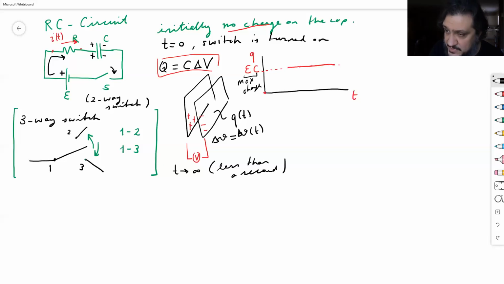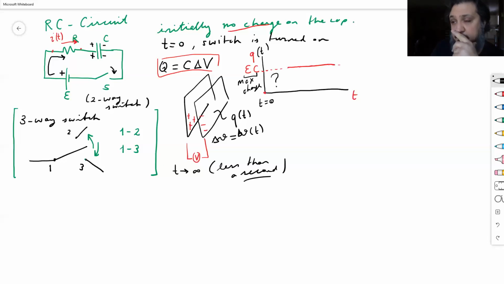So what happens right here? That's the question. In between those two extremes, when t is 0, there's no charge, and then you wait long enough, and you reach a maximum charge of E times C.